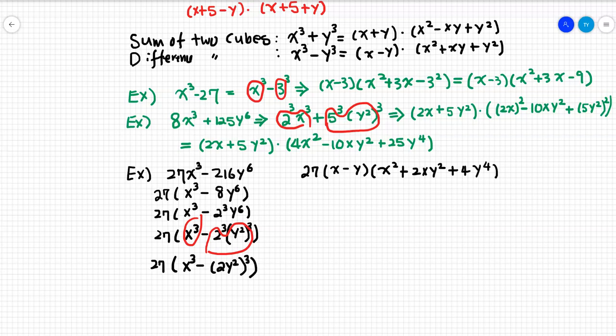Now, is it possible to factor any further on the right hand side, or is it just a prime? I don't want you to spend more time investigating whether this is going to be factorable.